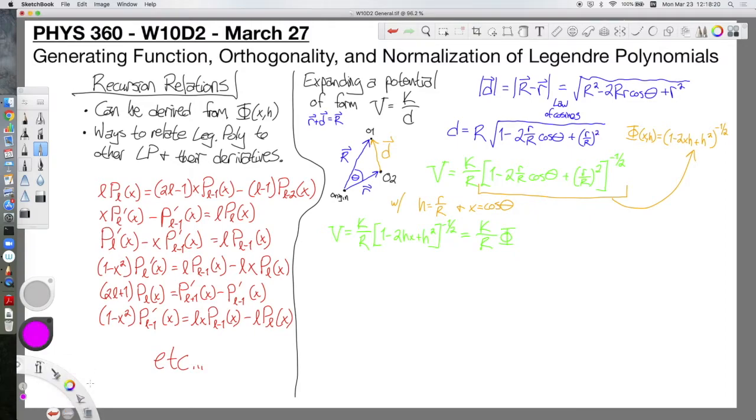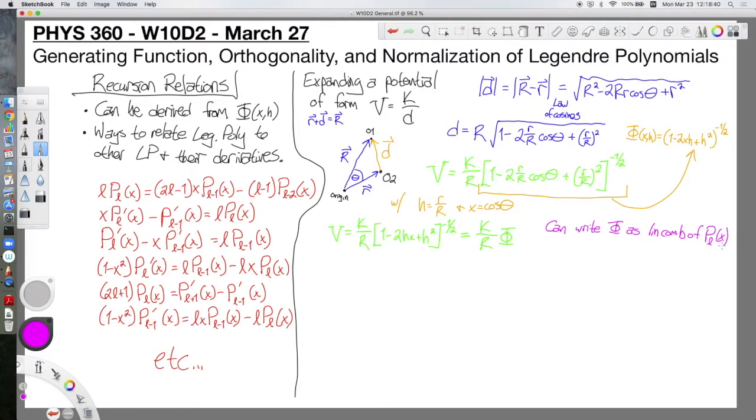And here's why this is helpful. Here's why you would want to do this to begin with. Because we know we can write our generating function as a linear combination of our Legendre polynomials.